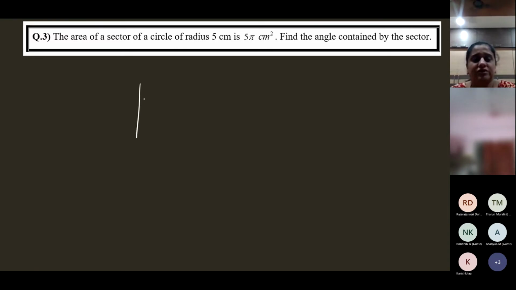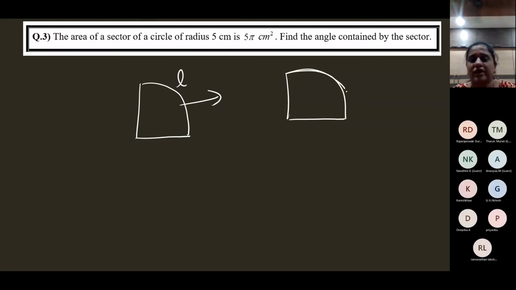See, children, there's a difference between finding the length of this arc and finding the perimeter of this figure. If I call this L, this is a quadrant, L plus radius is the perimeter of this figure, or 2r I can write.